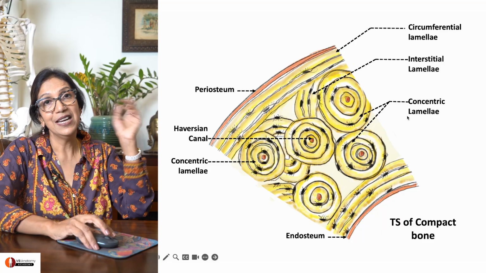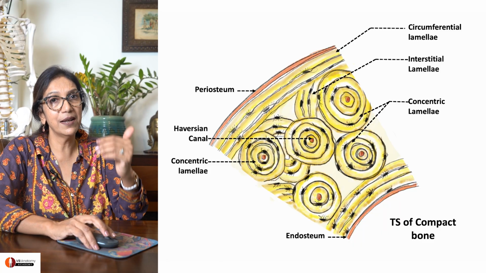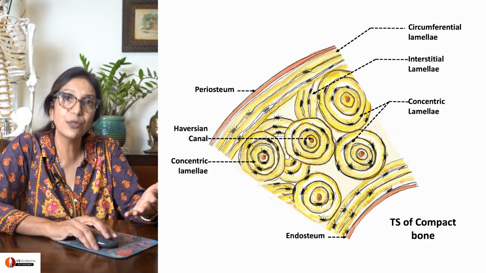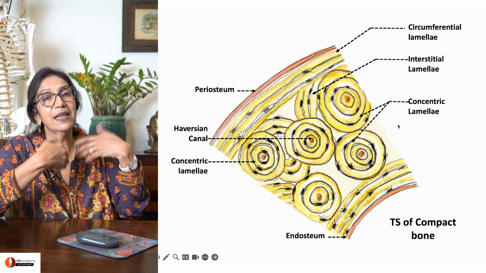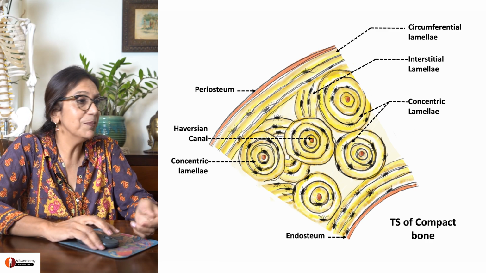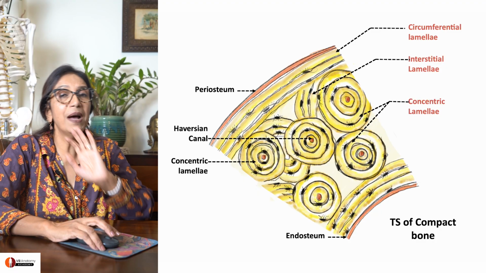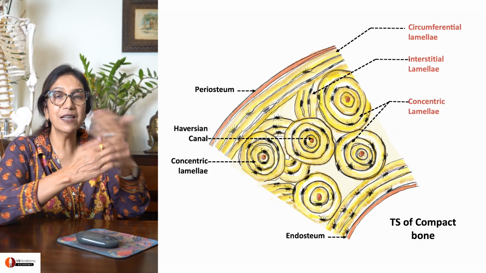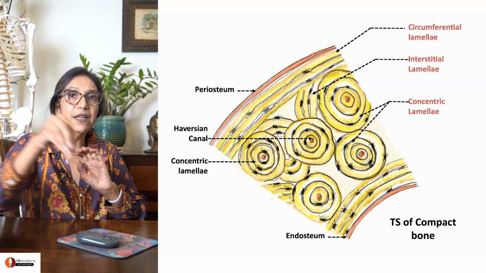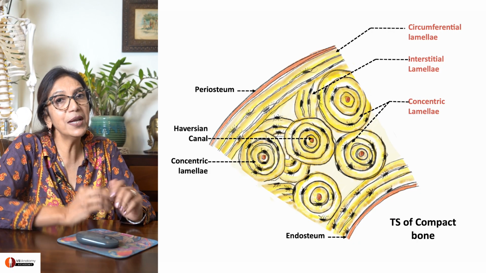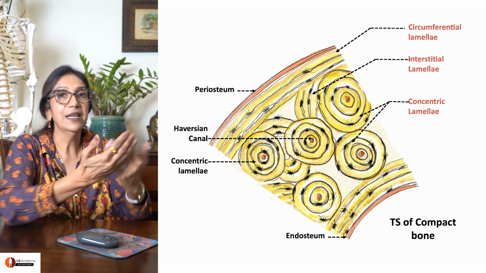Think about it. Interstitial lamellae are lamellae that are undergoing resorption, and Haversian systems are the lamellae that are being formed. Okay? Right. So my three types of lamellae are circumferential lamellae, concentric lamellae, and interstitial lamellae. Sometimes such exercises help.